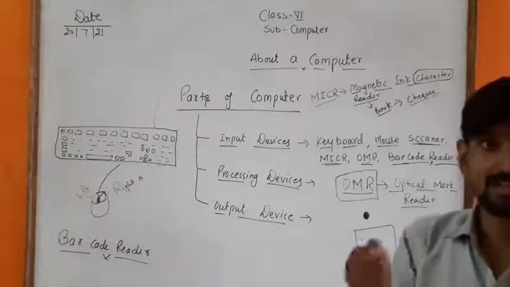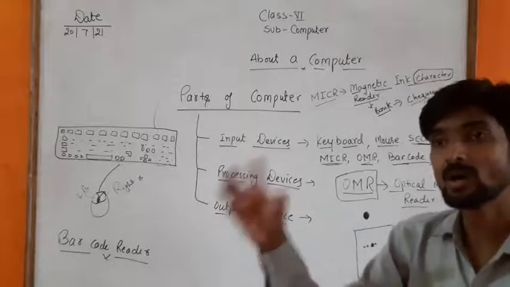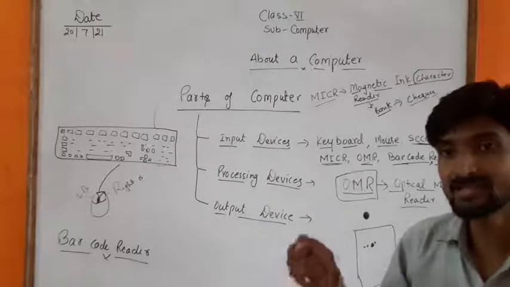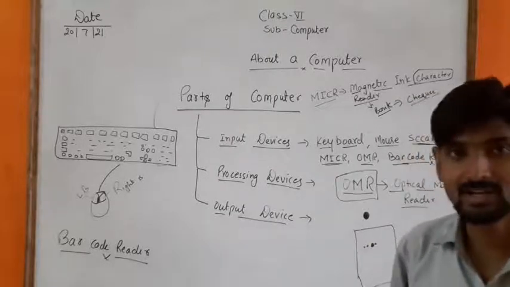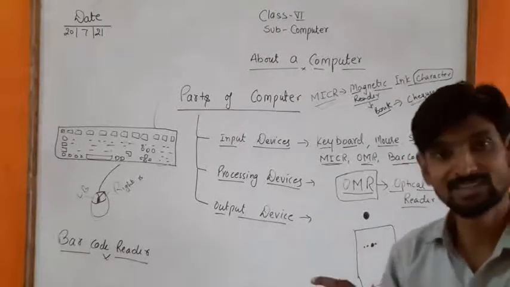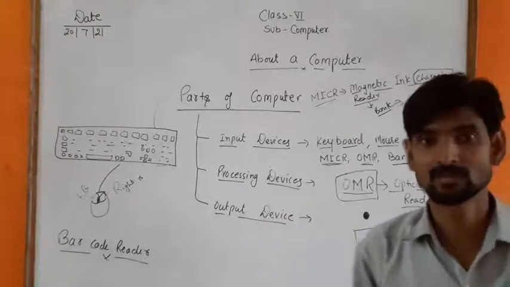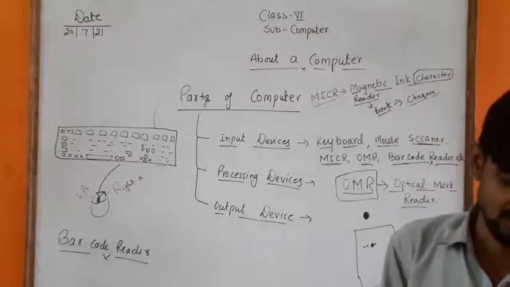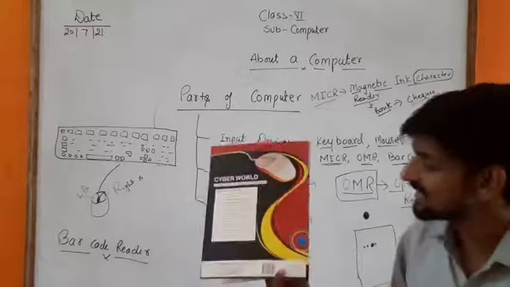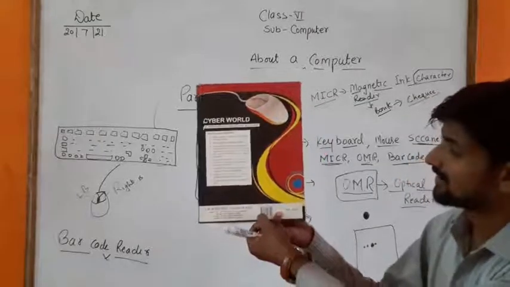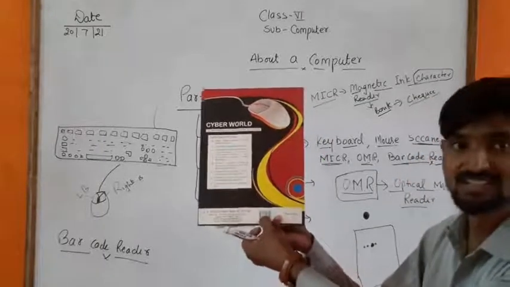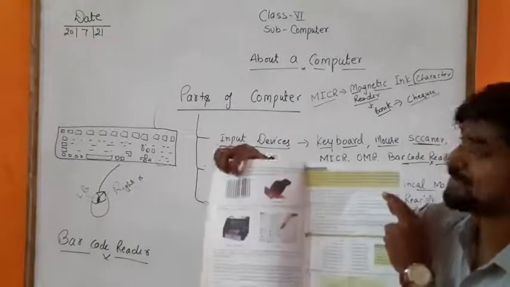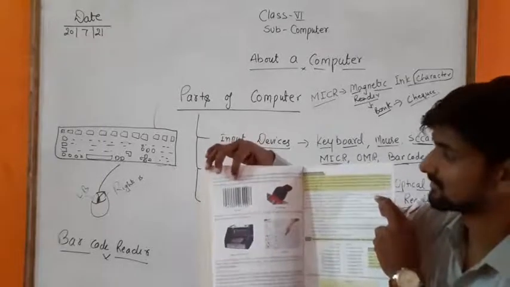They read the barcode which is printed on the product package, and after reading that barcode by the barcode reader or barcode scanner, all the information related to that product flashes on their computer's monitor and is processed for the bill. You can see it in your book, the barcode is mentioned here. A barcode looks like this. Clear?